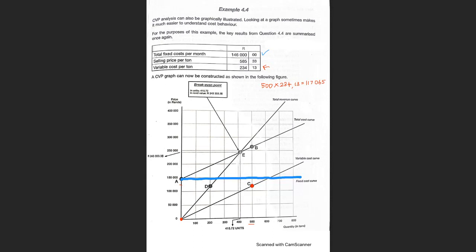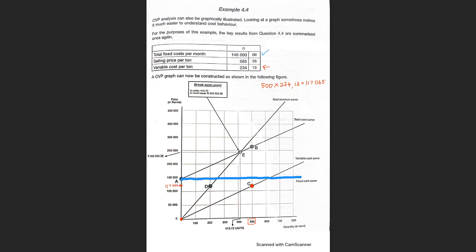Now we would go to the diagram and plot 500 units at the bottom in line with 117,065. That's just above the 100,000 mark.